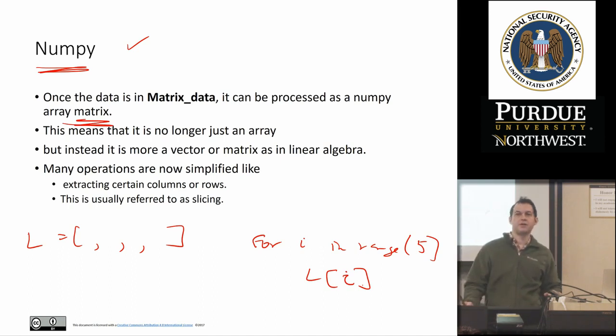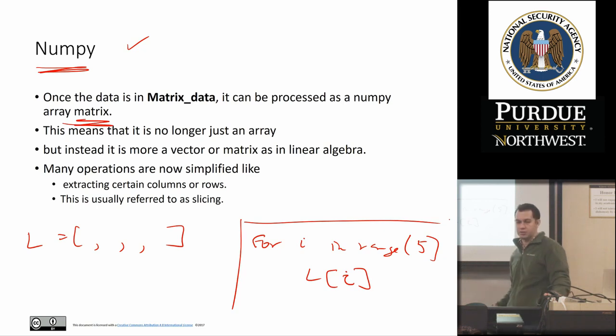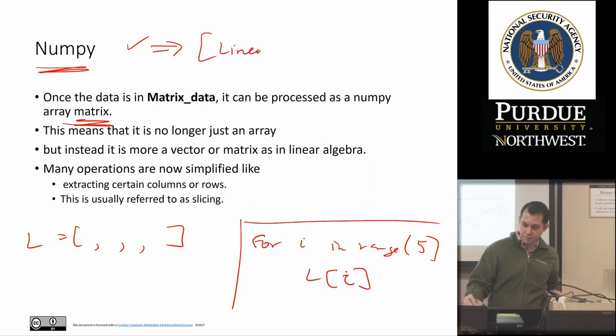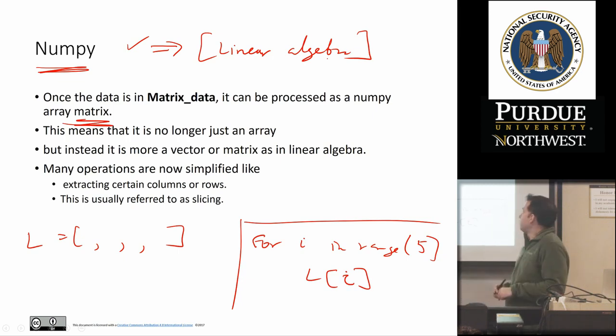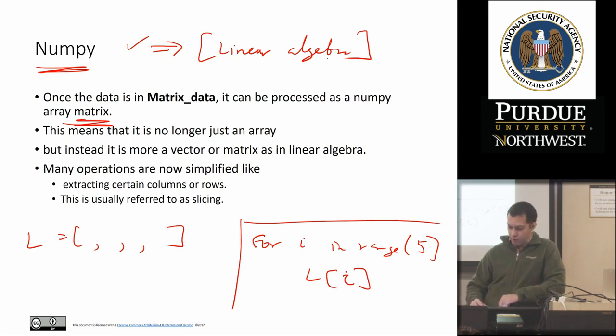But that's not a very efficient way of processing things, because you want to take advantage of more efficient methods. What NumPy does is allow you to introduce linear algebra techniques into Python, so that these algorithms have been optimized in NumPy to be very efficient. They are much faster. Writing code like this is going to be considerably slower than writing code in NumPy format.